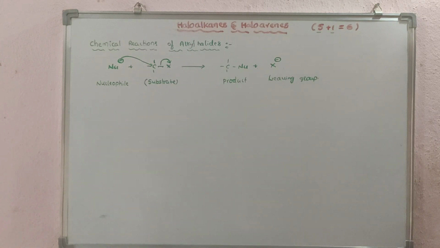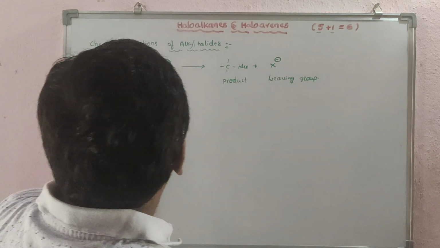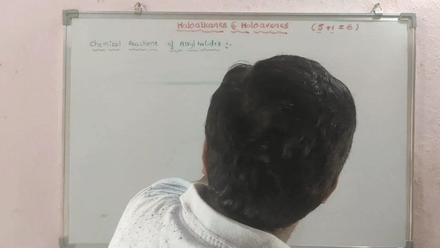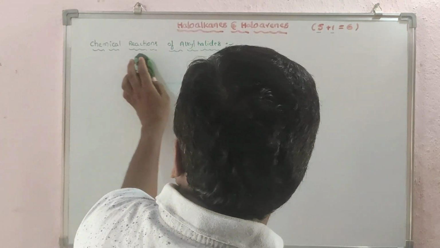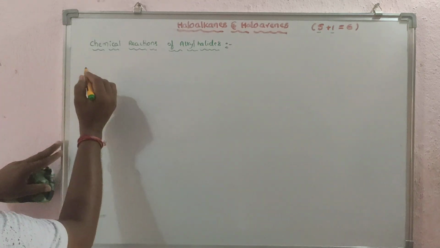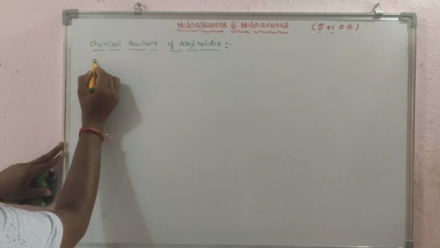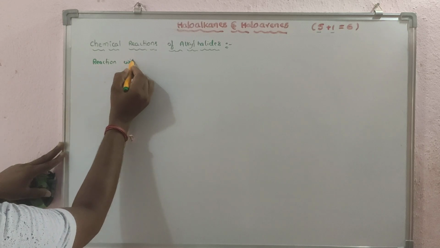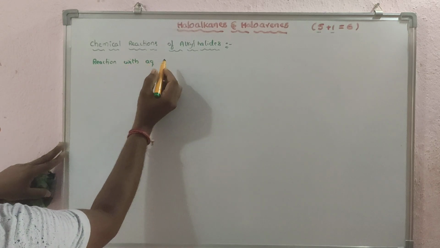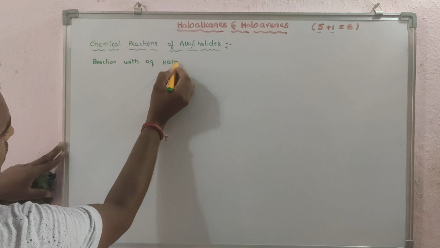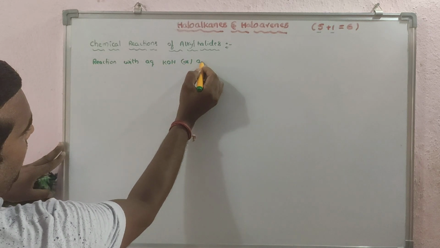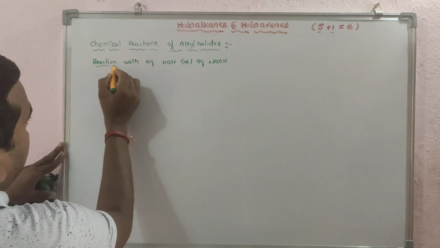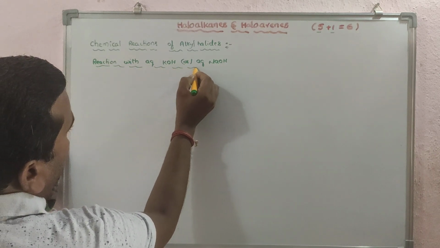So the first one here is reaction with aqueous KOH or aqueous NaOH, means alkyl halide reaction with aqueous KOH or aqueous NaOH. Clear? See, we can prepare a number of compounds.